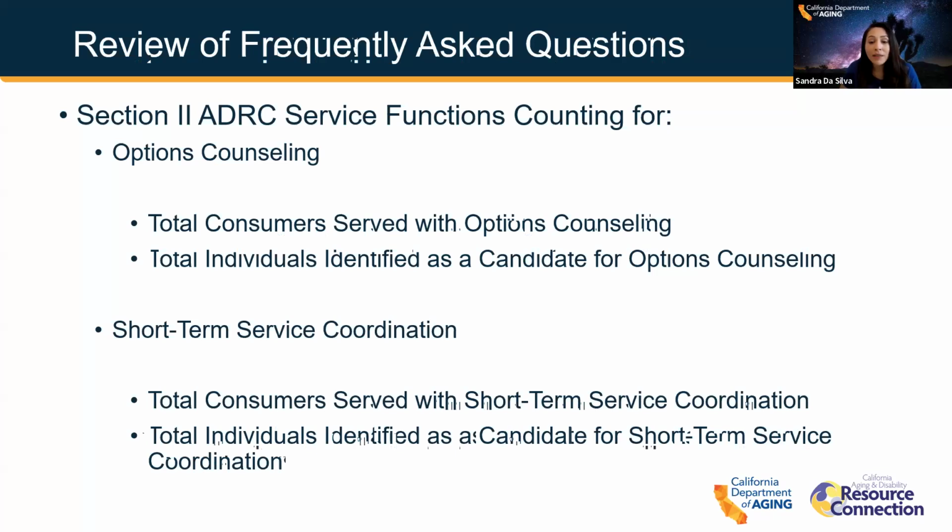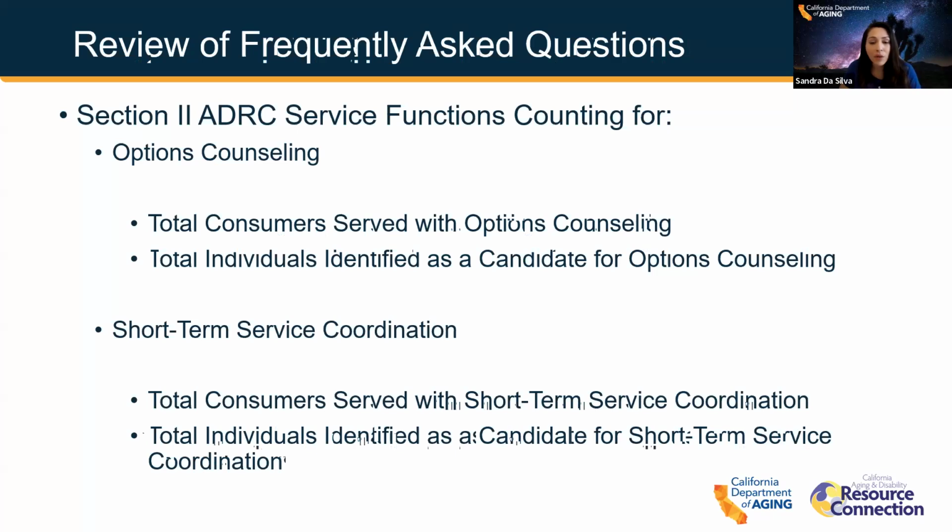So it is not double counting when a consumer is counted in both of these variables: total consumers served with options counseling and total individuals identified as a candidate for options counseling. And it is not double counting when a consumer is counted in both total consumers served with short-term service coordination and total individuals identified as a candidate for short-term service coordination.